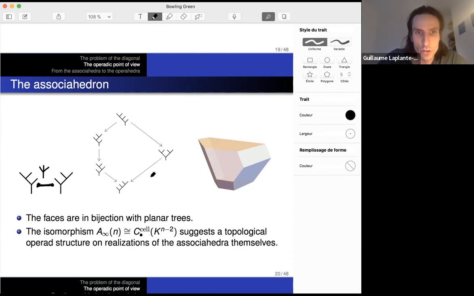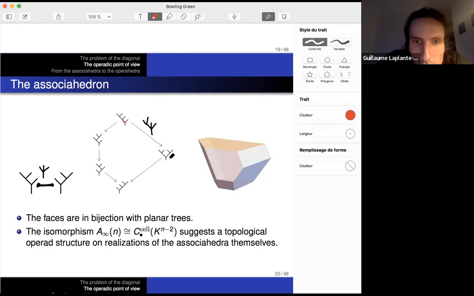And here for the two-dimensional associahedra, you have all trees with four leaves. Vertices are planar binary trees, and to get from a vertex to an edge, you basically contract an edge in the tree. So for this edge, you would get this tree, because you contract the edge here.